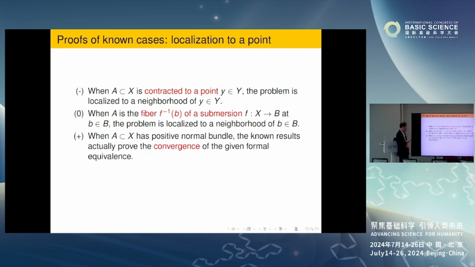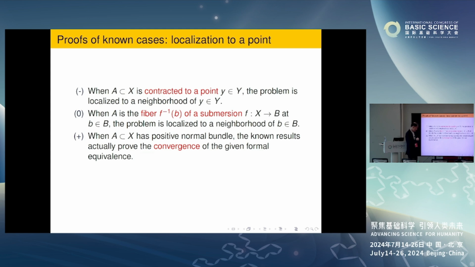On the other hand, when you have this positive normal bundle case, Commichau-Grauert and Hirschowitz actually proved a stronger result. They proved that the given formal equivalence actually converges. It's a much stronger result.